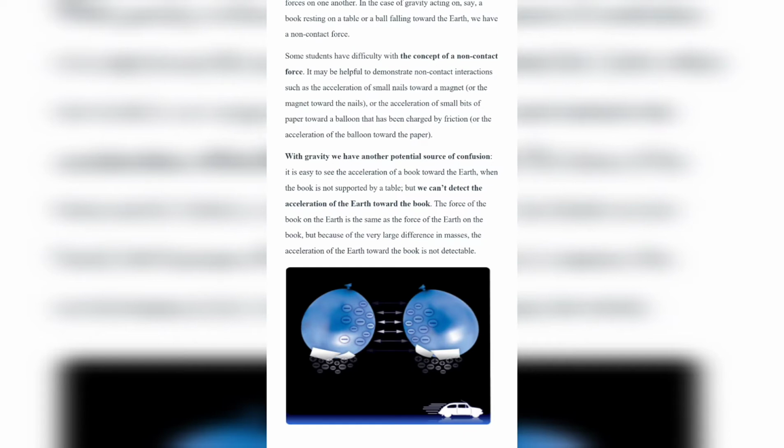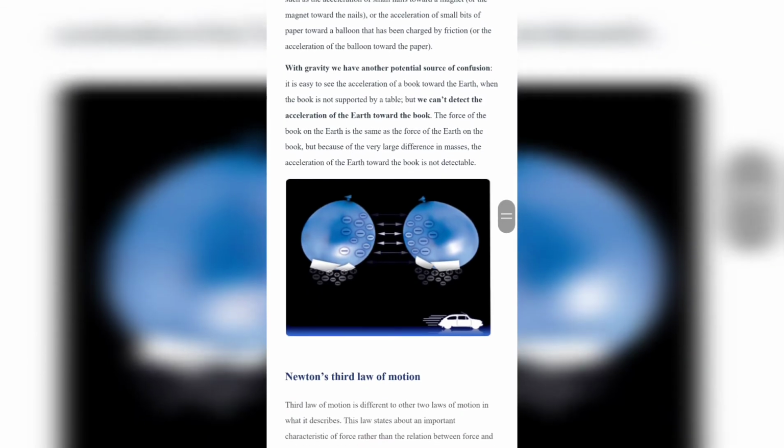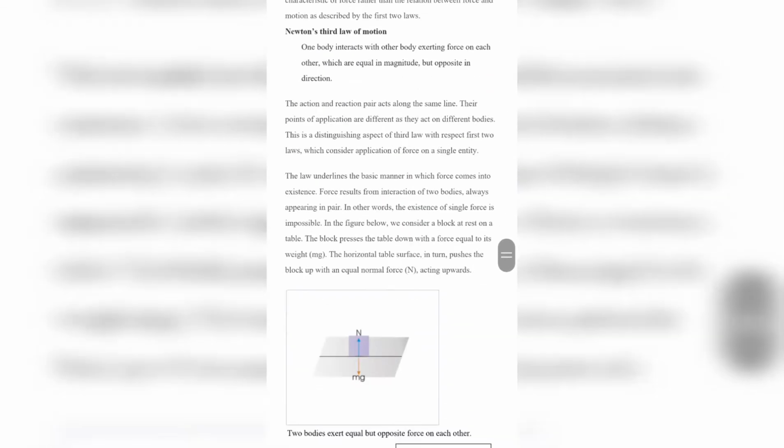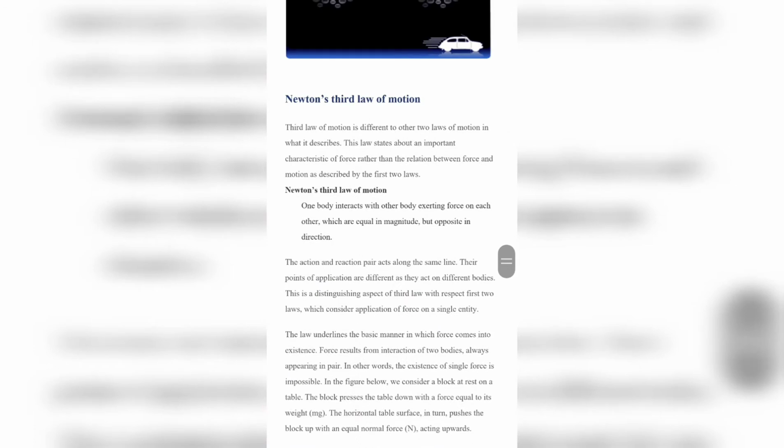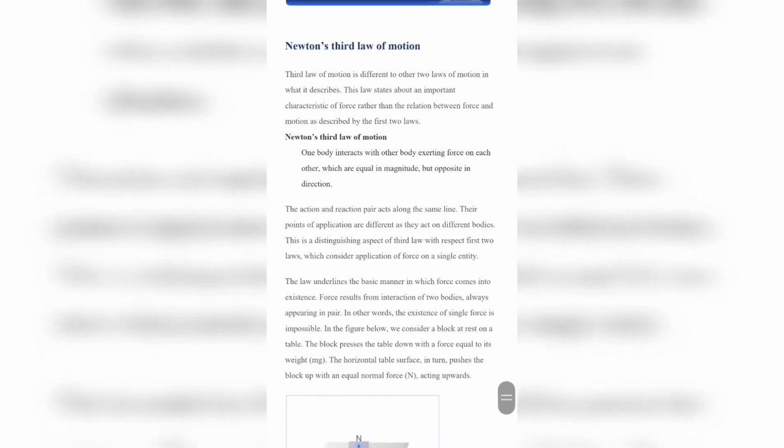The force of the book on the table is the same as the force of the earth on the book, but because of the very large difference in masses, the acceleration of the earth towards the book is not detectable. Two bodies exert equal but opposite forces on each other, that is N equal to mg.